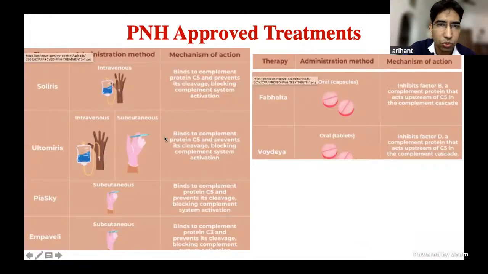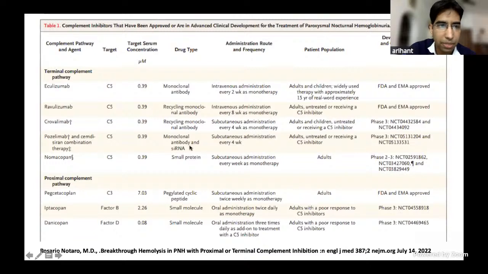Just to set the ball rolling, these are the PNH approved treatments: Soliris, eculizumab, Ultomiris, ravulizumab, crovalimab, Piasky, and then we have pegcetacoplan, which is subcutaneous terminal, danicopan, and iptacopan, which have come up. So these are almost 1, 2, 3, 4, 5, 6 complement directed therapies.